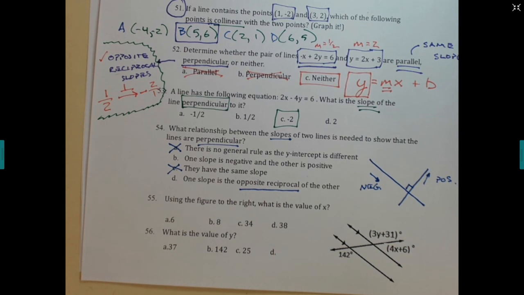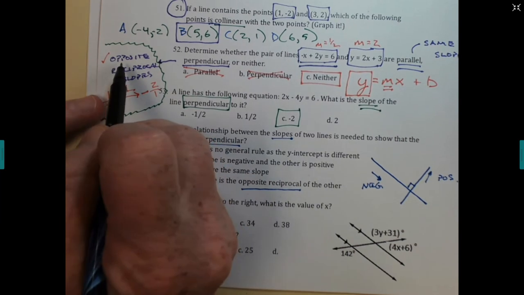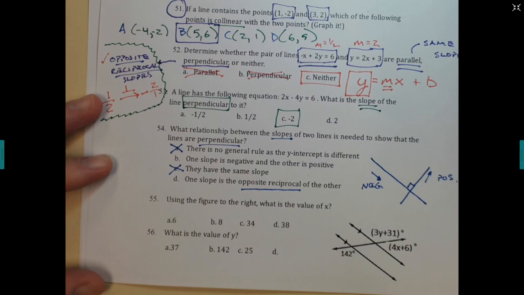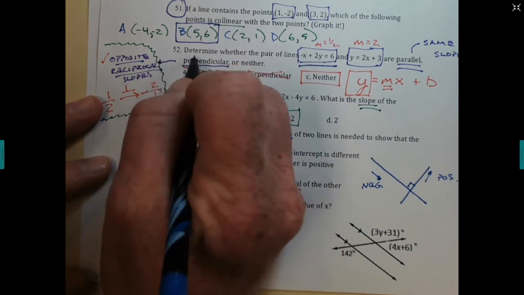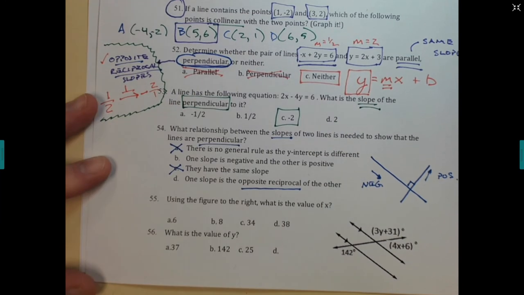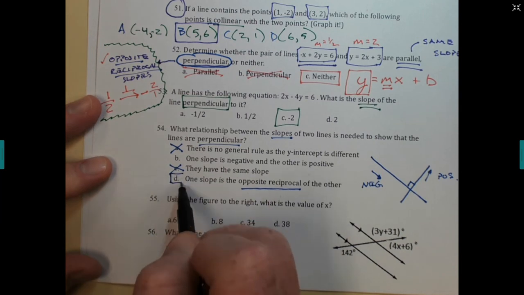Because for the last two problems, we've been applying the opposite reciprocal, which was our relationship for perpendicular lines. Oh, okay. You gonna go with B or D? I would pick D. I would too. D for duh.